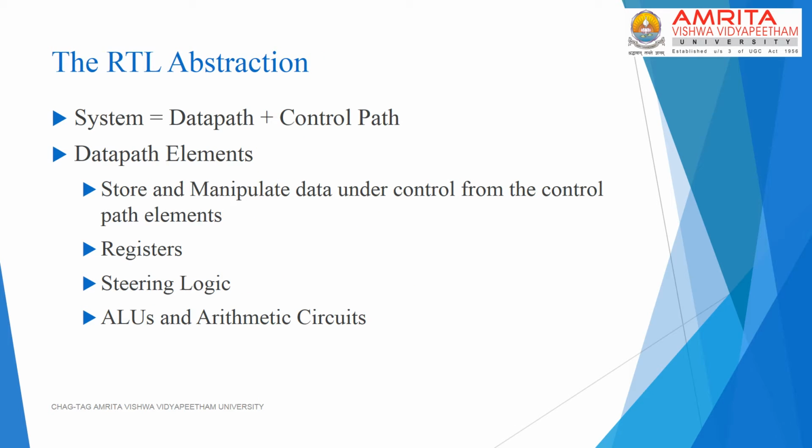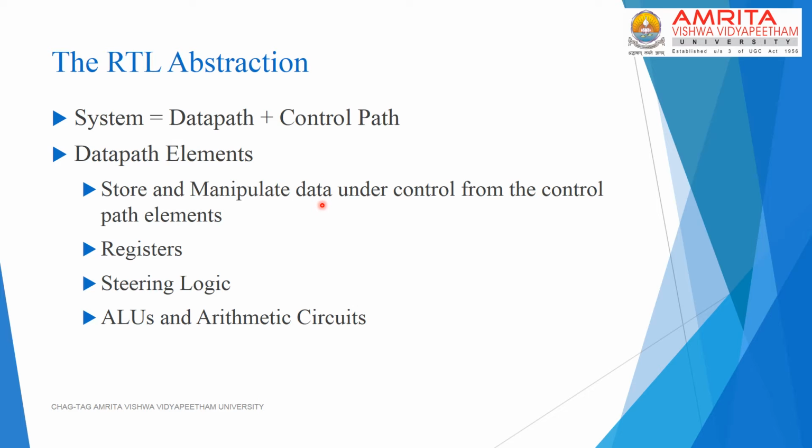The RTL abstraction conceives a system as being comprised of either data path elements or control path elements. The data path elements basically store and manipulate data in the system.